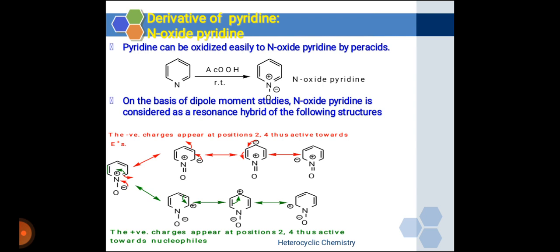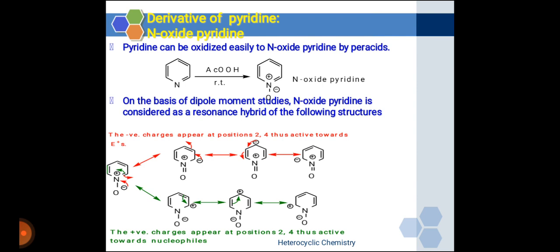On the basis of dipole moment studies, pyridine N-oxide is considered a resonance hybrid of the following structures. The positive charge appears at positions 2 and 4, thus active towards E plus, which means electrophilic substitutions occur at the second and fourth positions.